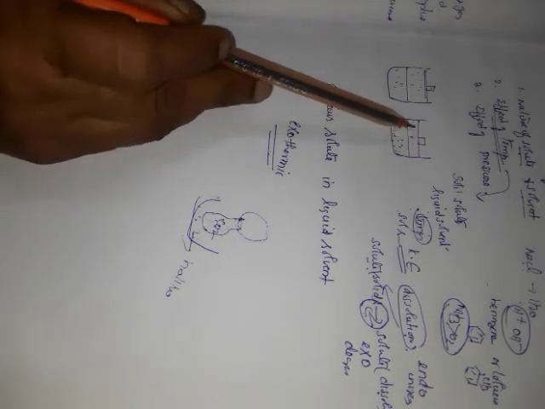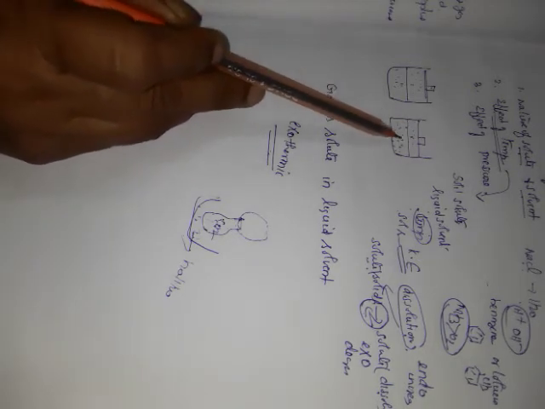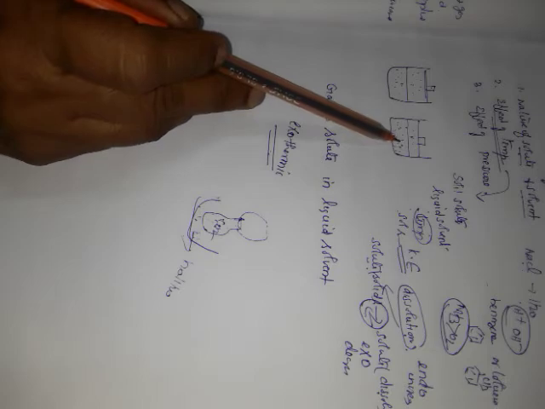So a scientist, William Henry, investigated the relationship between pressure and solubility of a gaseous solute in a particular solvent. According to him, at a given temperature, the solubility of a gas in a liquid is directly proportional to the partial pressure of the gas above the liquid.